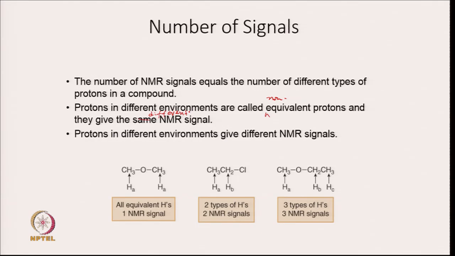For example, take dimethyl ether. All 6 protons, the 3 protons attached to this carbon and the 3 protons attached to this carbon, have the same environment. Any one proton is attached to a carbon, that carbon is attached to an oxygen, and that oxygen is attached to another carbon.